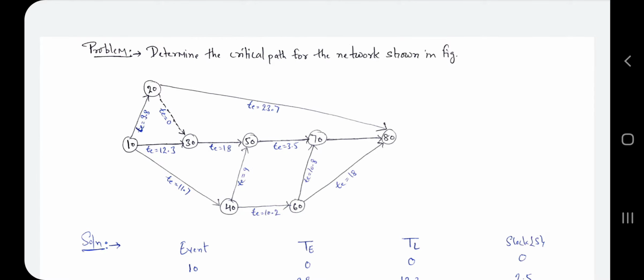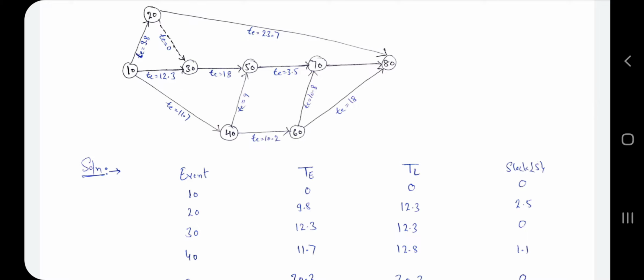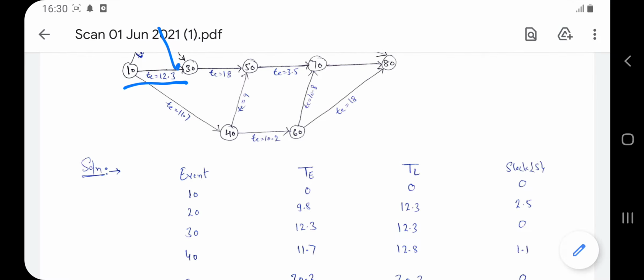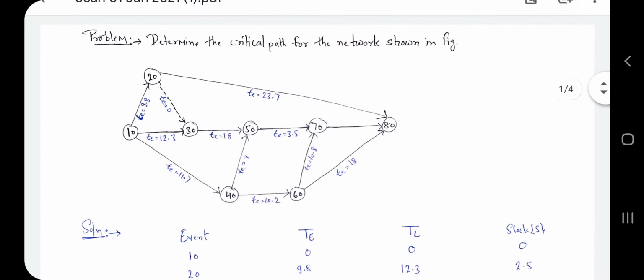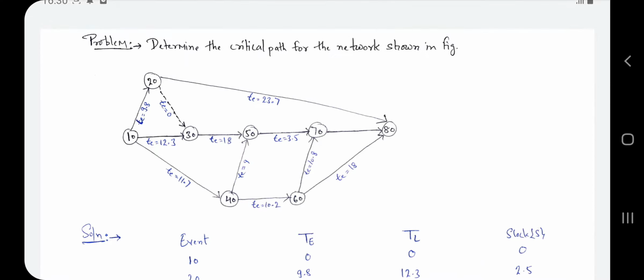Okay, now we go from 20 to 30. When we go from 20 to 30, you can see there are 2 arrows reaching 30, that is 10 to 30 and 20 to 30. Here 20 to 30 is the dummy arrow, and here t is equal to 0.